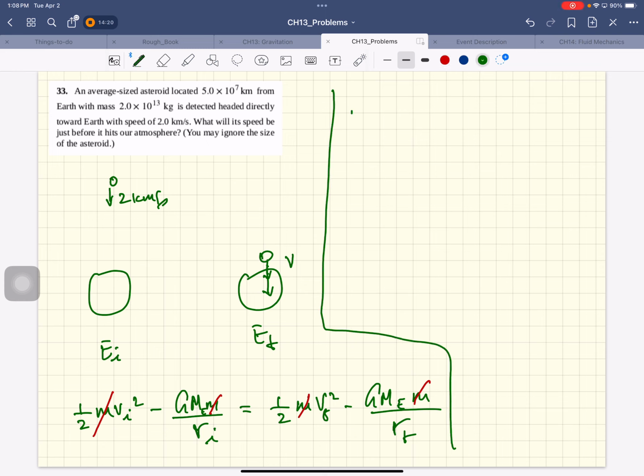So V final squared is what we want to find. V final squared is V initial squared plus G M_E over R final minus G M_E over R initial.